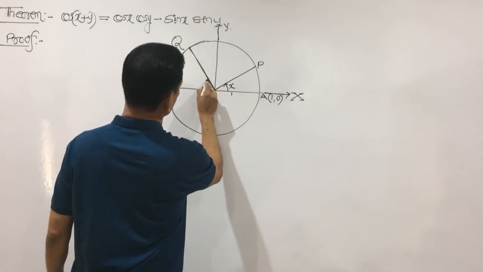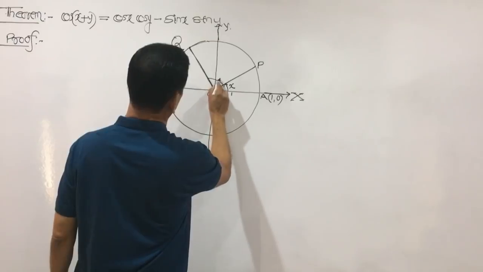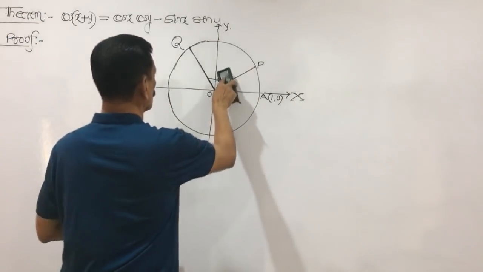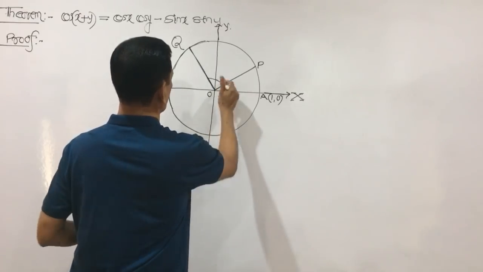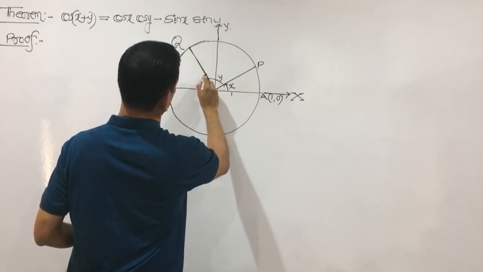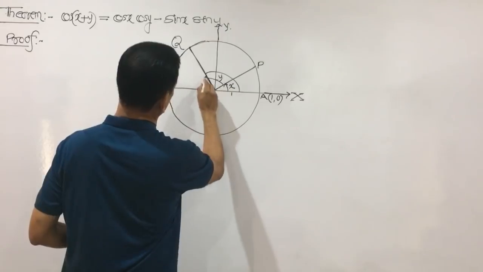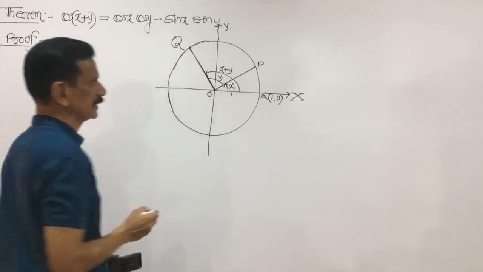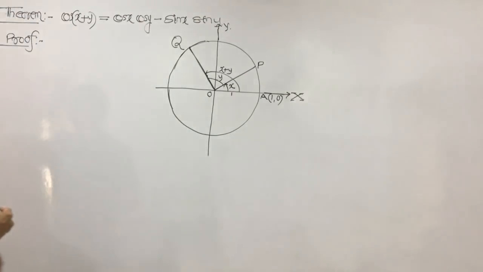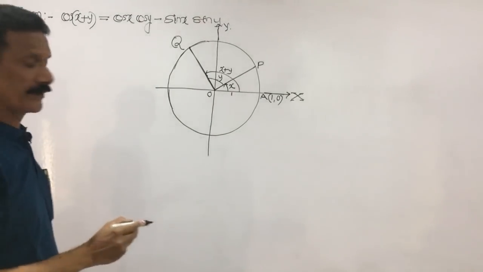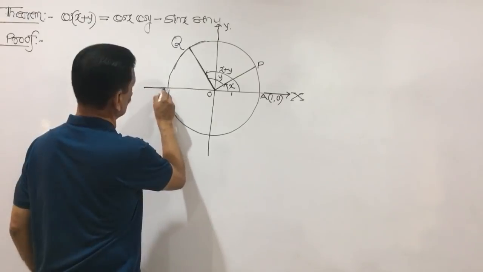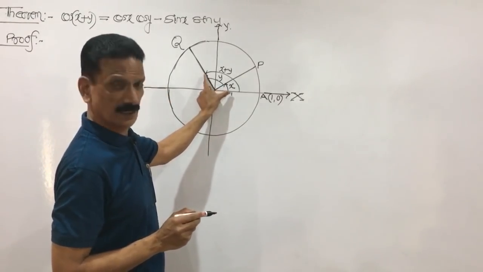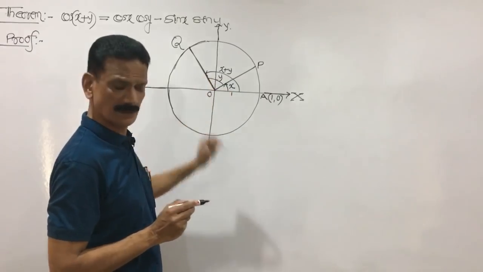So this angle I take, my dear friends, as y. This angle is y. Means this total angle is nothing but x plus y. I hope you understand. This angle is x, this angle is y, means this total angle is x plus y, this plus this.